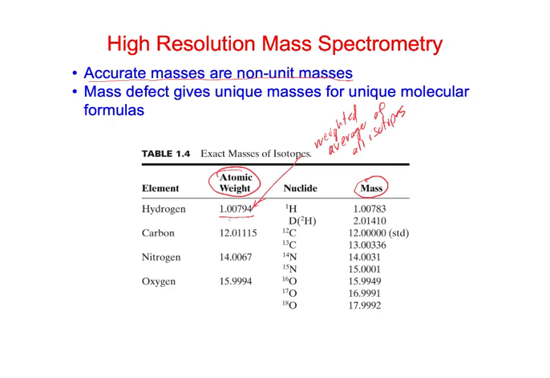For a proton, the mass is 1.00783. For deuterium, it's 2.0141. And the atomic weight is the weighted average that takes into account the natural abundances.